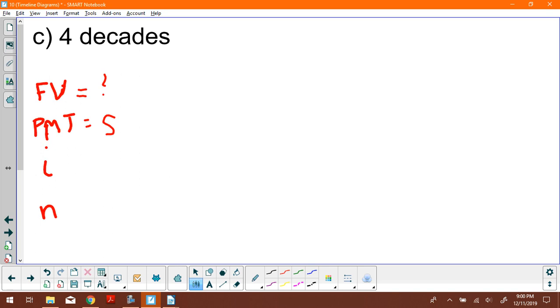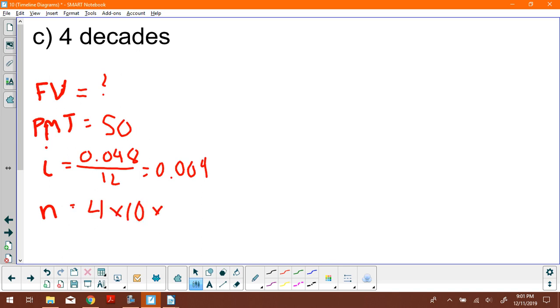Our payment was $50. The interest rate is still the same thing, but I'll write it out again. It's 0.048 divided by 12, which is 0.004. And my number of payments, well, it's 4 decades now, so that's 4 per year times 10 years times 12 per year. So that would be 480 payments in total of $50.